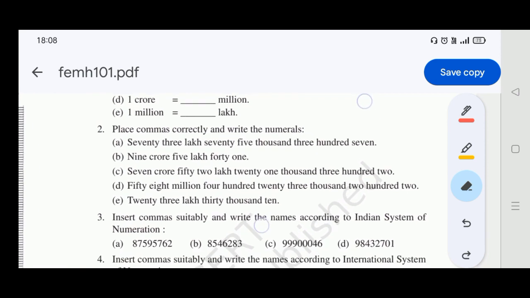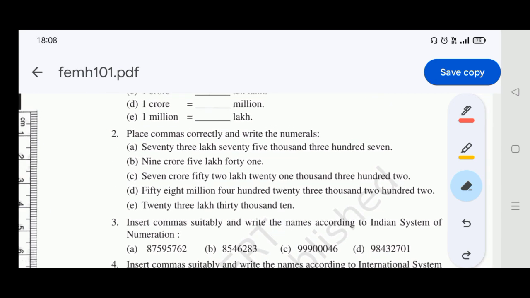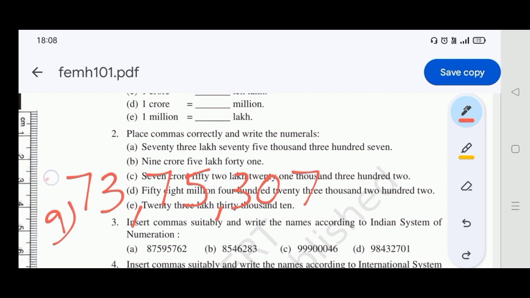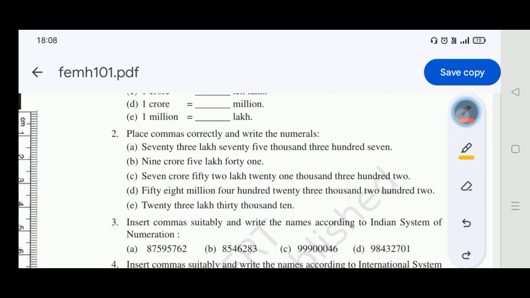The next question is, place commas correctly and write the numerals. A. 73,75,307. We have to insert commas and write the numbers. Numerals means numbers. So A is 73 lakh 75,307. This is the answer for 2A. Next, moving to 2B. It is 9 crore 5 lakh 41.